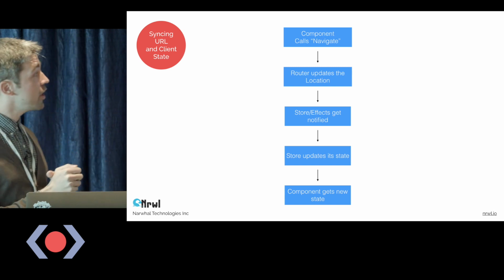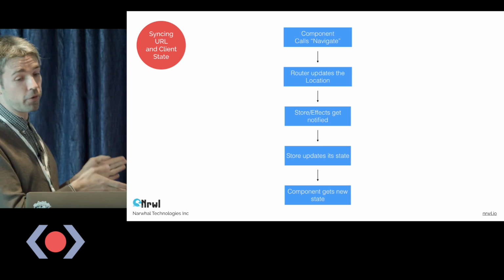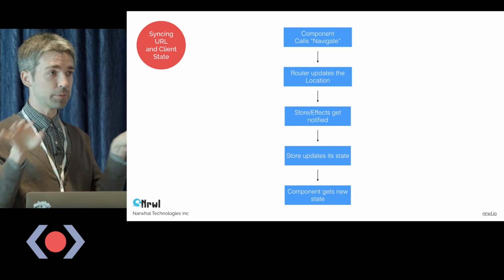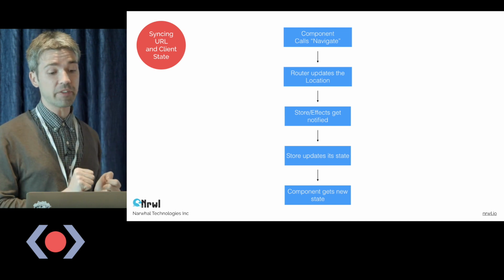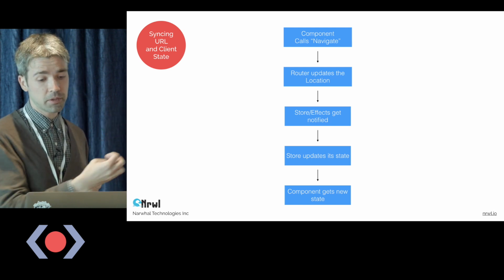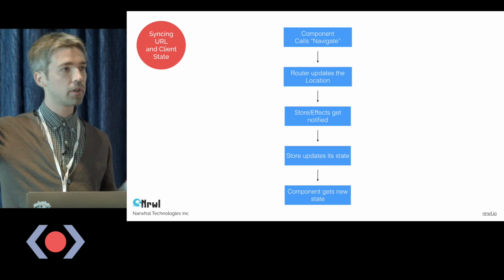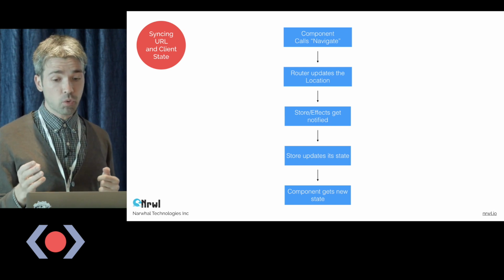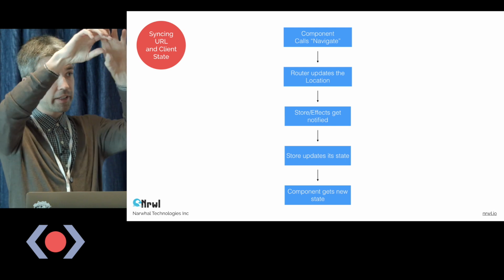And if we apply this change, the interaction is going to look as follows. Our component, when we click on some sort of filter, is going to invoke navigate. So the router will take this navigation, execute it, and update the location in the browser. Store and effects are going to listen to that location change.